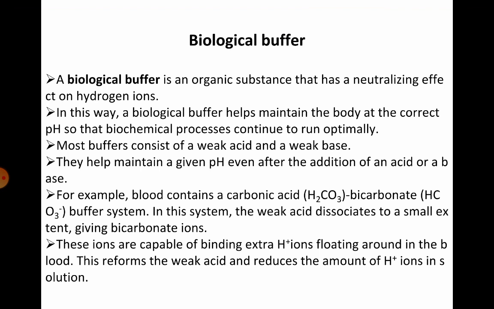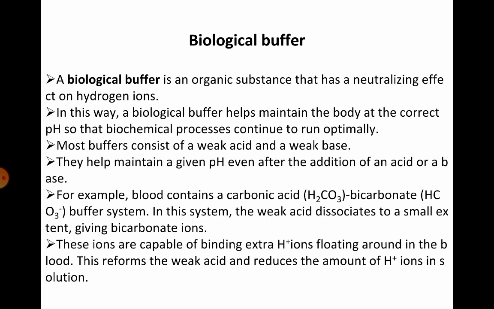A biological buffer is an organic substance that has a neutralizing effect on hydrogen ions. In this way, a biological buffer helps maintain the body at correct pH so that biochemical processes continue to run optimally. Most buffers consist of a weak acid and weak base. They help maintain a given pH even after the addition of an acid or a base.